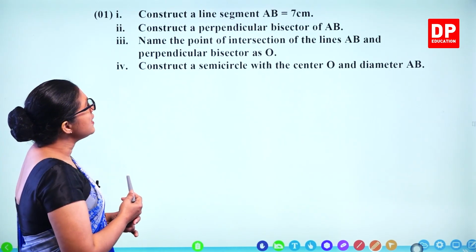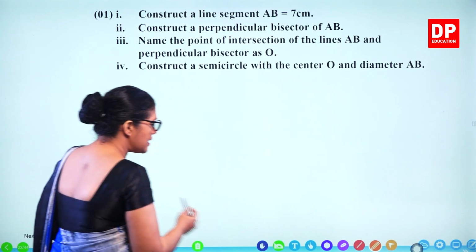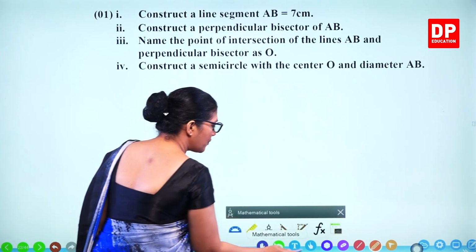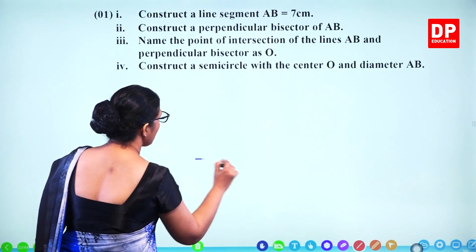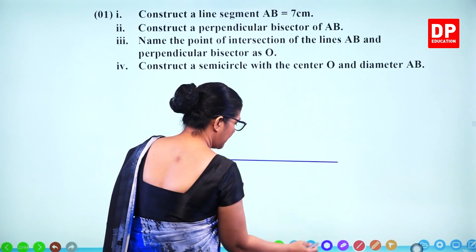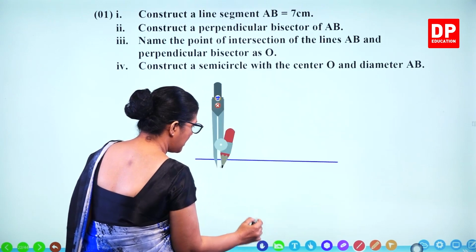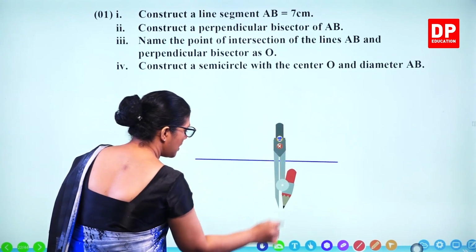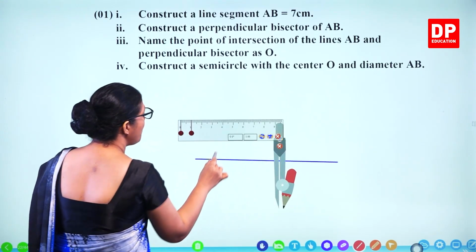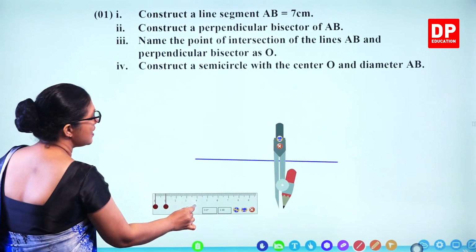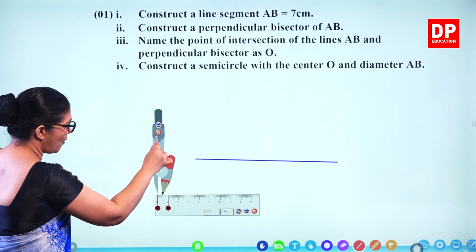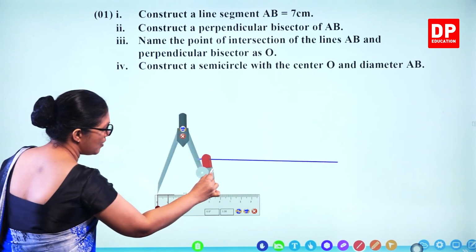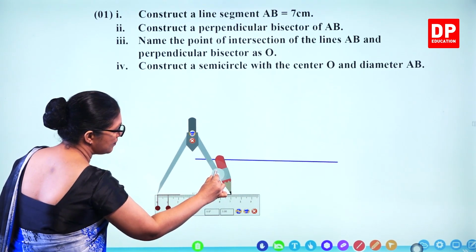Construct a line segment AB, 7 centimeter length. So what you do, you can take the ruler first, draw the line, and then take the compass and the ruler. Now we need to measure 7 centimeters. So what you do, you keep the compass on top of the ruler and measure 7 centimeters.